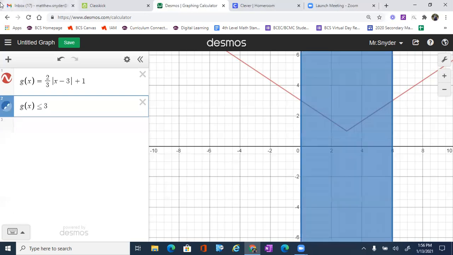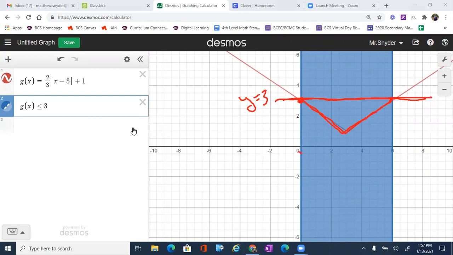Well, where is it less than or equal to 3? You can see it is between this intersection and this intersection. There's our value of 3, y equals 3. And check it out, between there, it is less than the y equals 3 line.